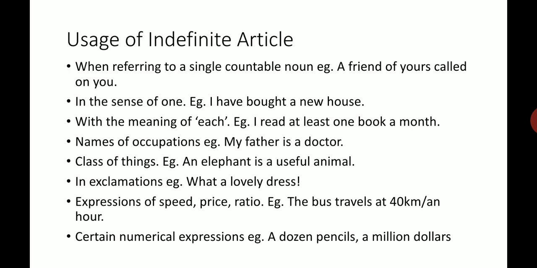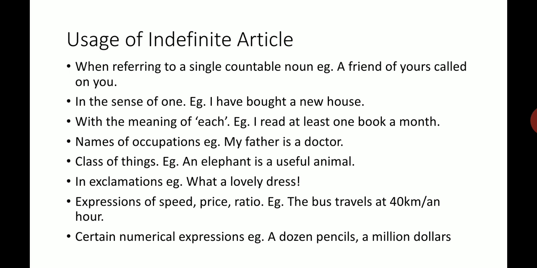Example, a dozen pencils, $1,000,000, a couple of goats, 1,000 years, and so on. When we refer to a person whose name we use with a title, for example, Mr. Gupta wishes to speak to you. Here we know that there is a Mr. Gupta. This Mr. Gupta is unknown to us. So we're saying a Mr. Gupta means some Mr. Gupta.